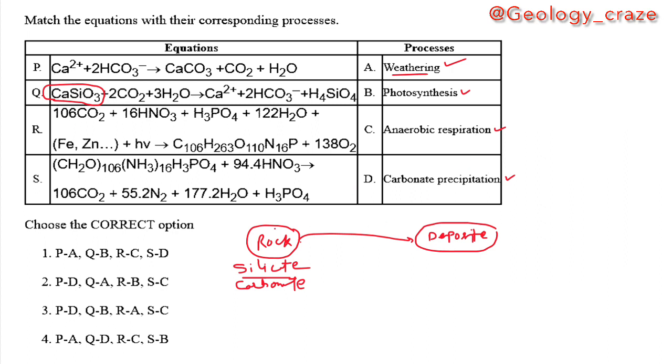And if you know the chemical composition of this mineral, just write the name of that mineral in the comment box. Now this silicate mineral breaks down into Ca and these two acids, and this is in solution.